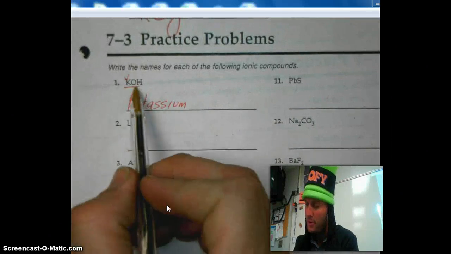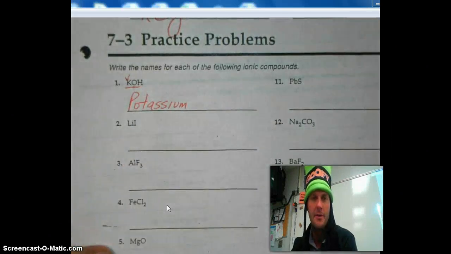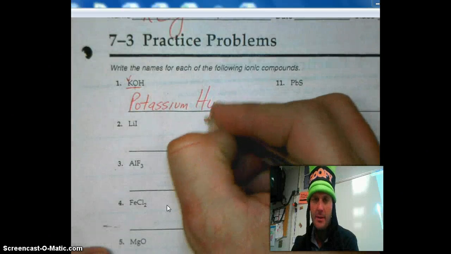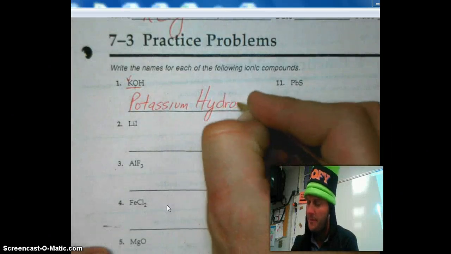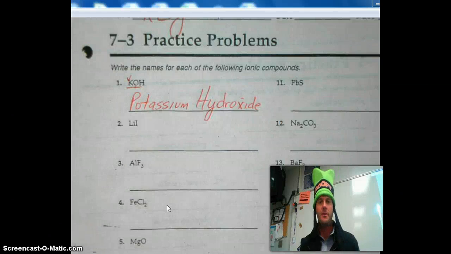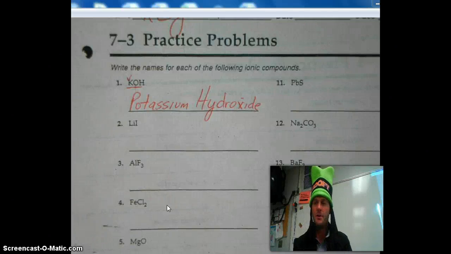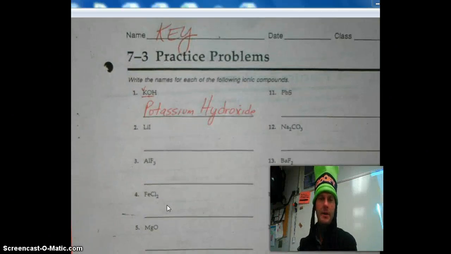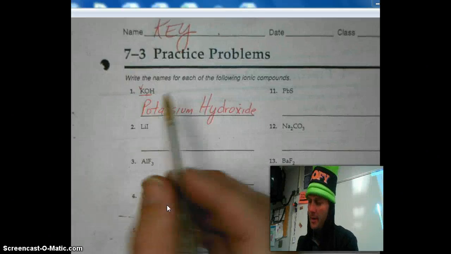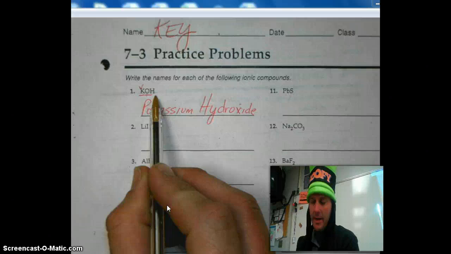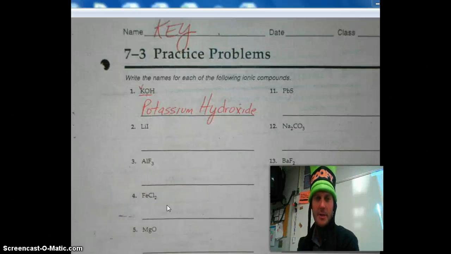Now, since we see two capital letters together, we are going to look at that and say, oh, that's a polyatomic ion. So we are going to name that hydroxide. Now, if you don't know what OH is, that's fine. Look on the back of your crisscross method sheet, and you will find that OH is hydroxide. So name your cation first, potassium. Name your anion second, hydroxide.